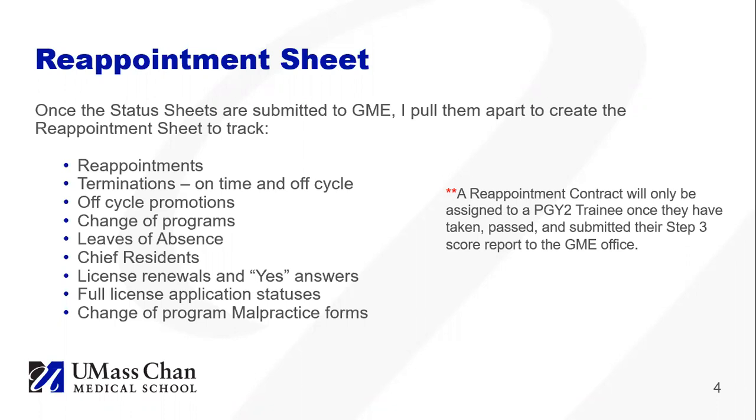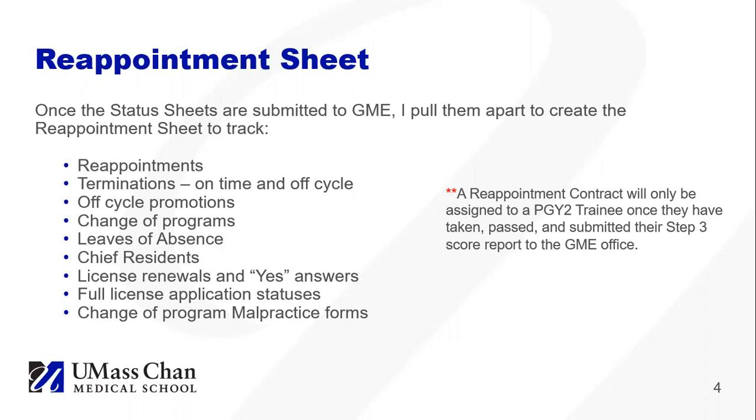The GME office uses that for all of these different things: reappointments, terminations, off-cycle promotions, change of programs, leave of absence, chief residence, license renewals, and then the yes answers for the limited licenses, full license application statuses, and any change of program malpractice forms. So that's why we count on you guys. It's a two-way street. This is all the information we have. We need you to verify, update it, and send it back to us so we can collate it all together.